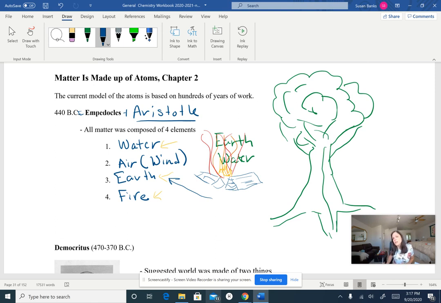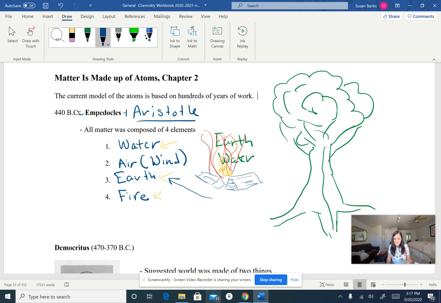And if Aristotle and Empedocles were really observant, they'd know that trees also need air or wind to grow as well. And if you've ever been near a really hot fire, you feel wind coming off of it just due to the heat differential and pressure convection cells that it sets up, but they didn't know about convection cells at that point.